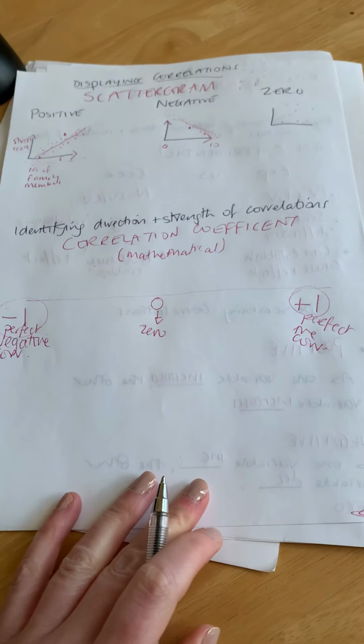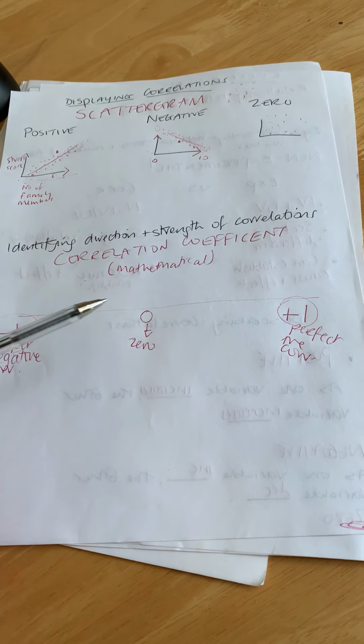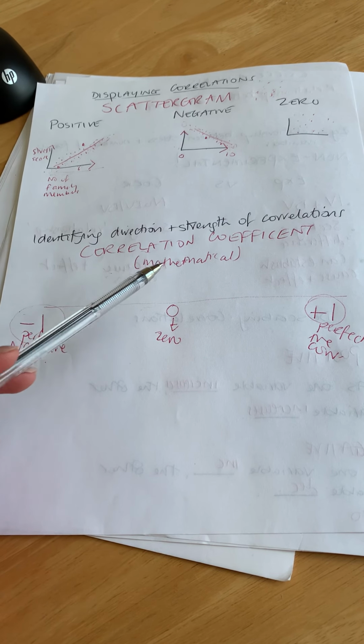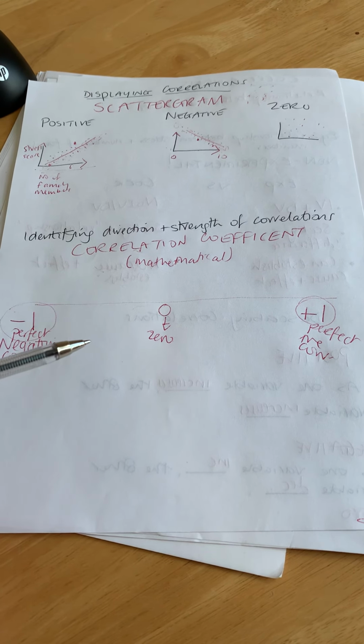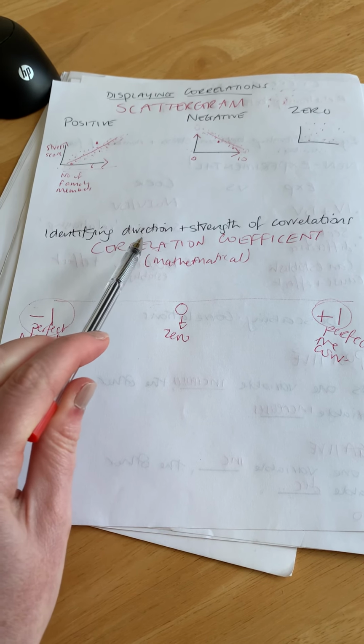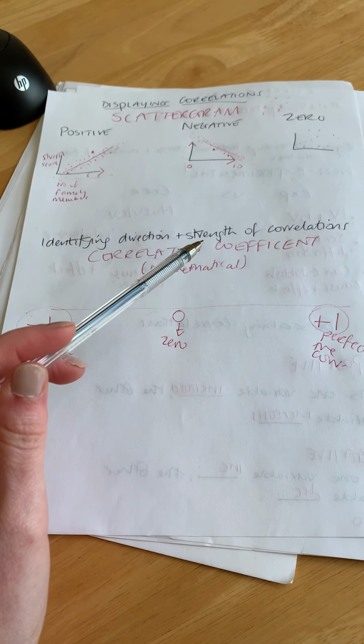Okay, so using that correlation coefficient scale from -1 to +1, when we get our numerical figure, we are able to tell whether the direction is positive or negative, and whether it's a strong or a weak correlation.